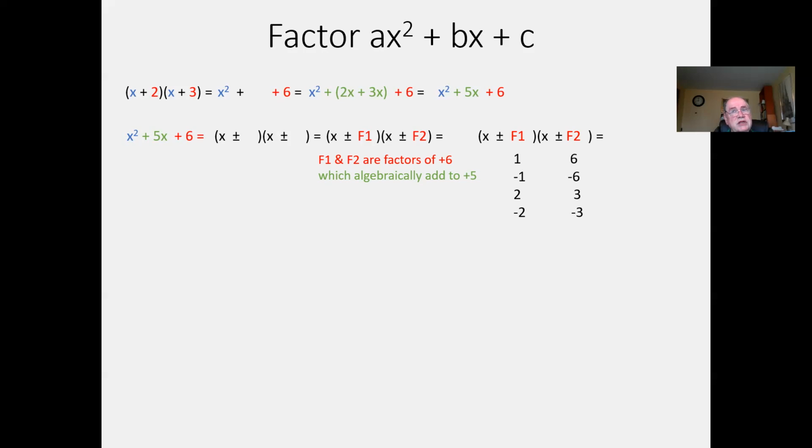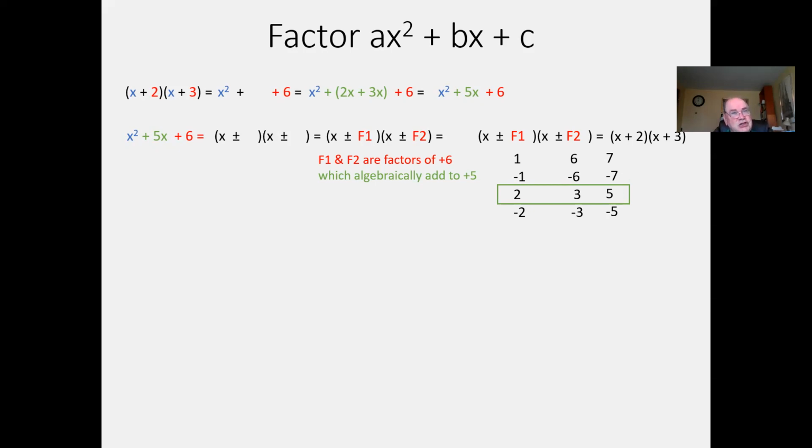Yeah, the minuses are important because we know a minus times a minus is a plus, and -2 times -3 will give you 6. They are two factors of 6. And we're looking for the combination which will give us a plus 5, right? And there it is, right? It's 2 and 3. And so there are our factors, x plus 2, x plus 3, which is where we came from. And that's it.